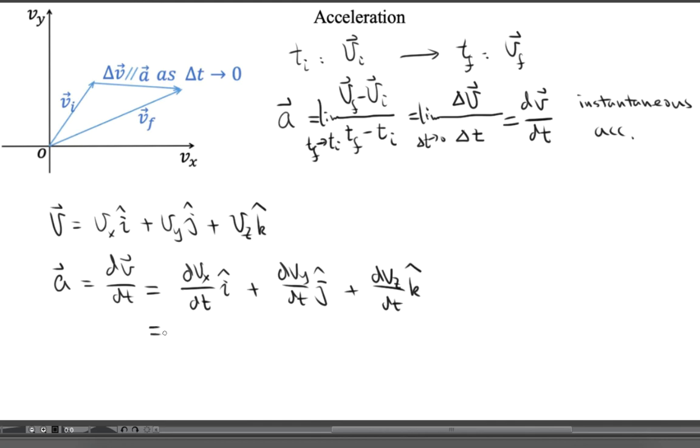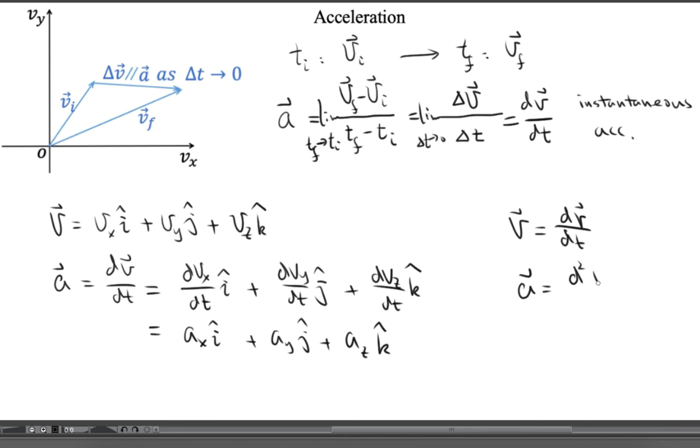Okay, so that's also the ax component, ay component, and az component. And remember that the velocity here is the derivative of the position vector, right, dr dt. So the acceleration here is actually the second derivative of this position vector, right, with respect to time.